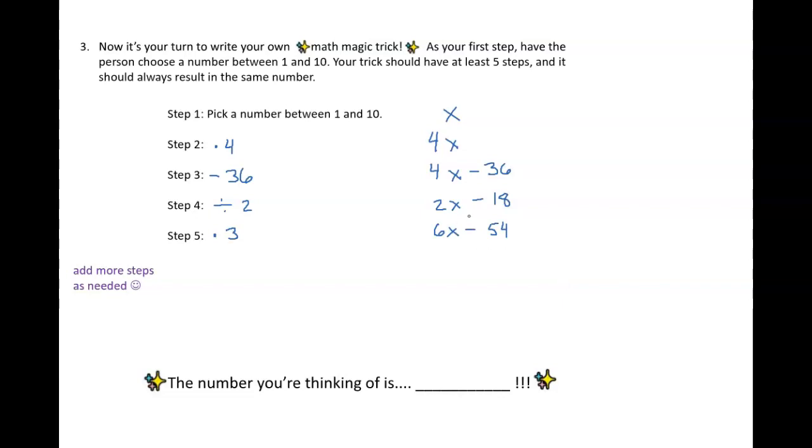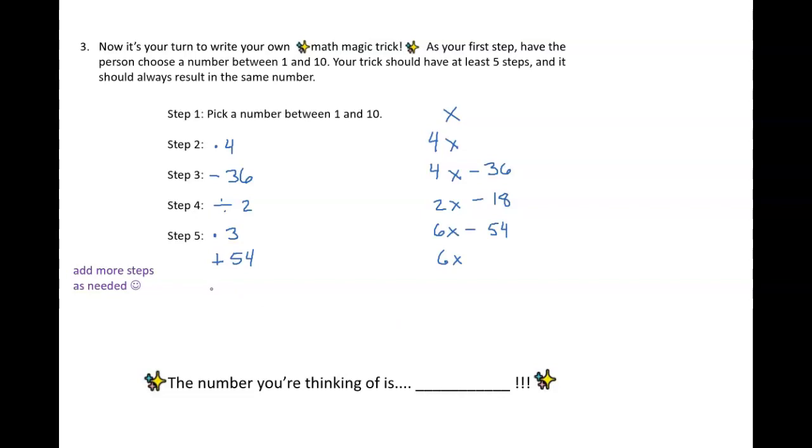Okay, so now I've definitely got myself all wrapped up in a web of expression here. I'm just going to untangle it by undoing these numbers. I'm just going to add 54. That'll get that 54 out of there. So 6x minus 54 plus 54, we get 6x.